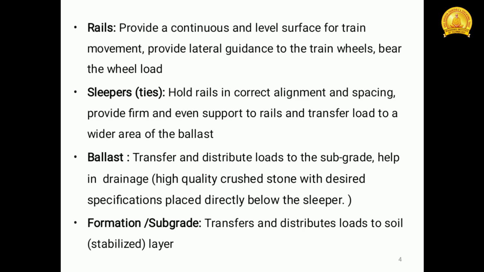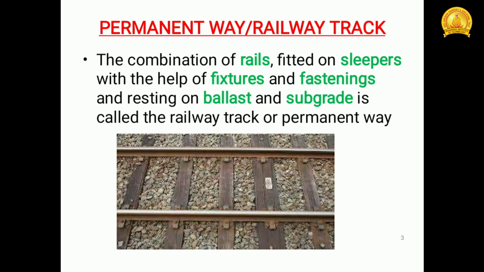Ballast cushion means coarse aggregate, just coarse aggregate that is provided to hold the sleepers. It also transfers and distributes loads to the subgrade, and helps in proper draining of water. In this figure, you can see the ballast cushion, the aggregates, below the sleepers.